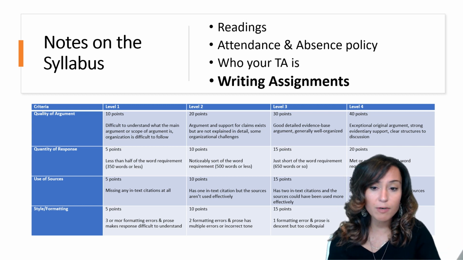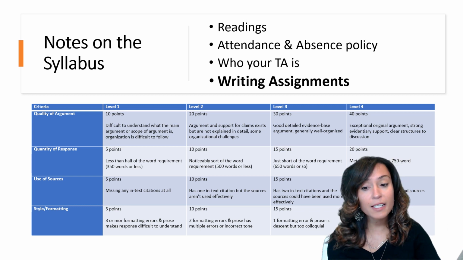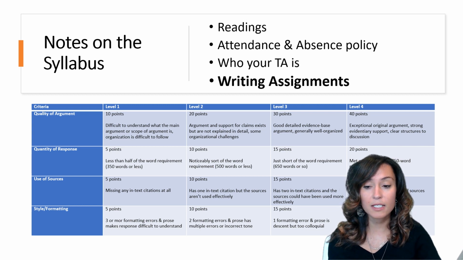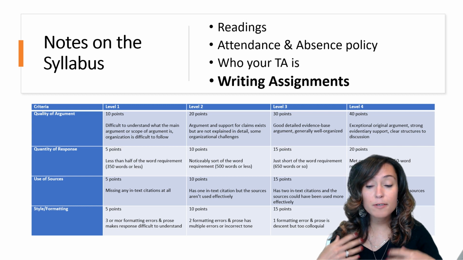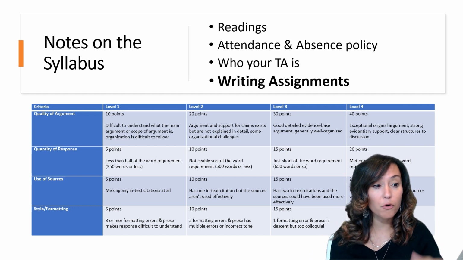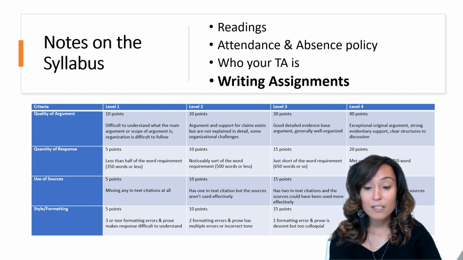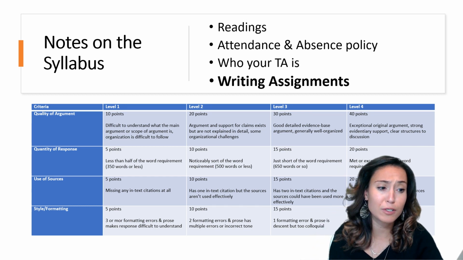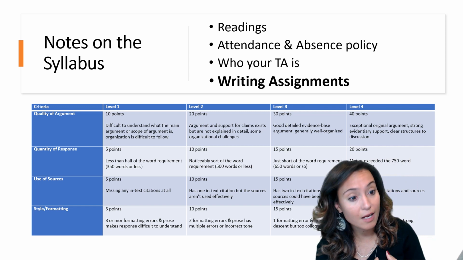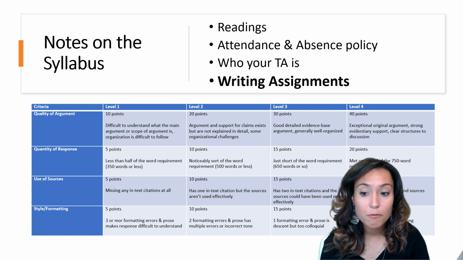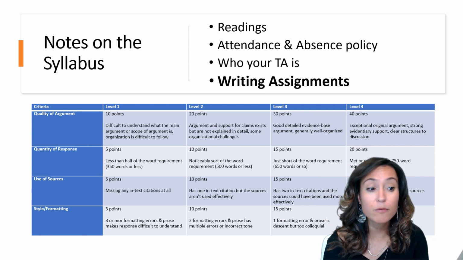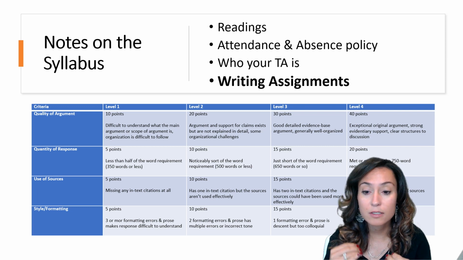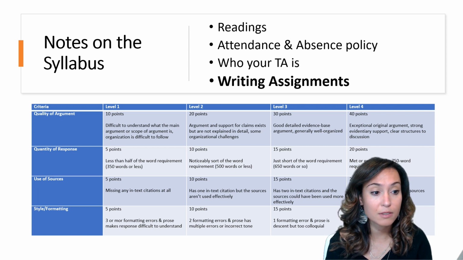The goal of these writing assignments is to reflect on the larger themes that we discuss in class and the readings, and to develop arguments about your own opinions and ideas. So these should really not be literature reviews. I don't want you to just regurgitate what you've read or something that I've said in class. I really want you to come up with your own creative arguments about the topic in the prompts for each of these writing commentaries.